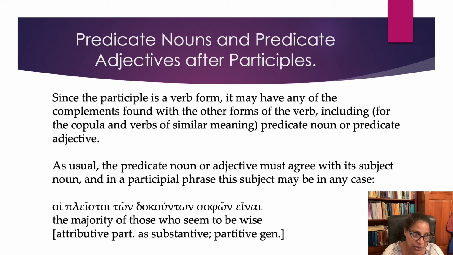So hoi pleistoi, the majority of those who, so notice it's an attributive participle, the participle takes the article. So the majority of those who seem, so dokounton means to seem, those who seem einai to be wise. So the wise, sophon, is going to be genitive because we already had the genitive because of pleistoi, partitive genitive, the majority of those who, and then the matching predicate adjective or noun is going to be in the genitive to match with dokounton.